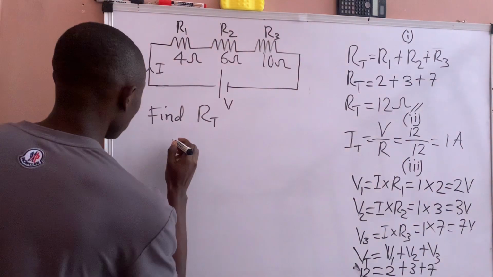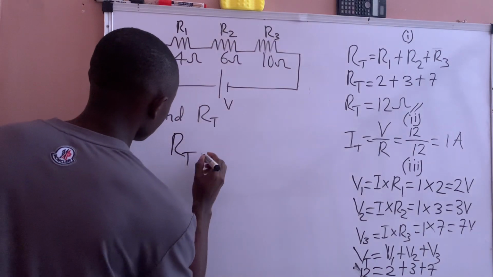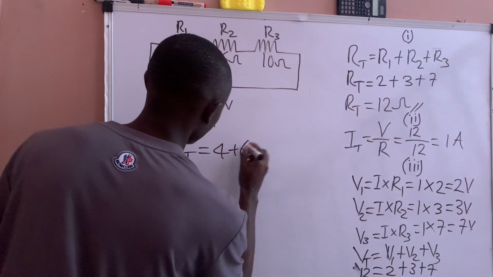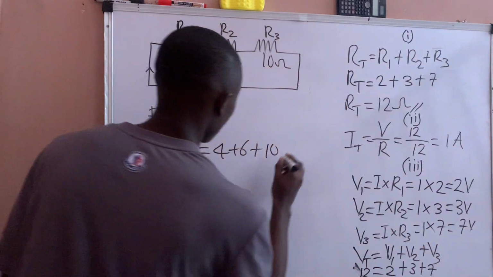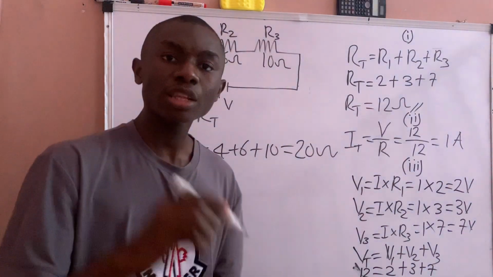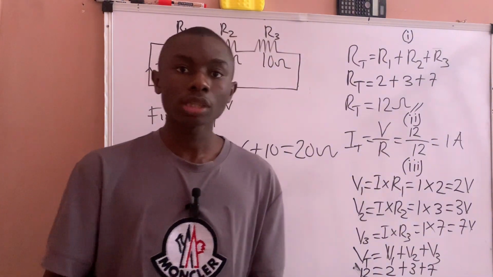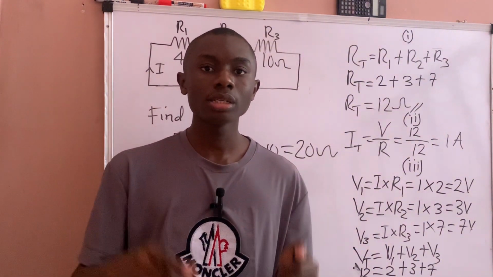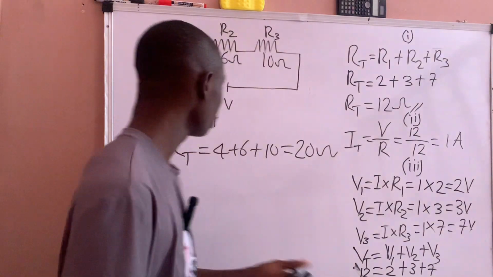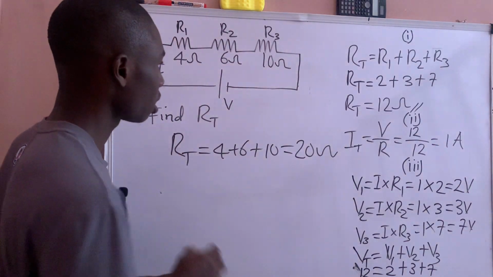So it will be RT, which is the total resistance of the circuit, will be 4 plus 6 plus 10, and it will give us 20 ohms. If you can add money, you can solve the total resistance in a series circuit. Just add them like you are adding money, and your answer will give you the total resistance.